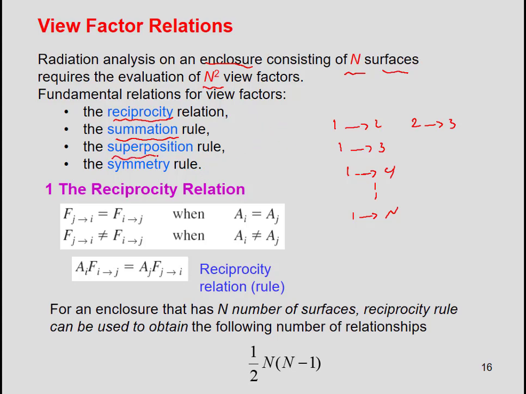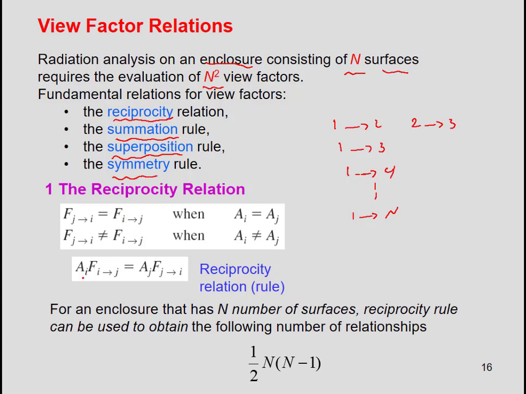We will use superposition, and also we will use the symmetry rule to find the view factor for different geometries and configurations. The first one, the reciprocity relation, we have already seen in the previous slides.